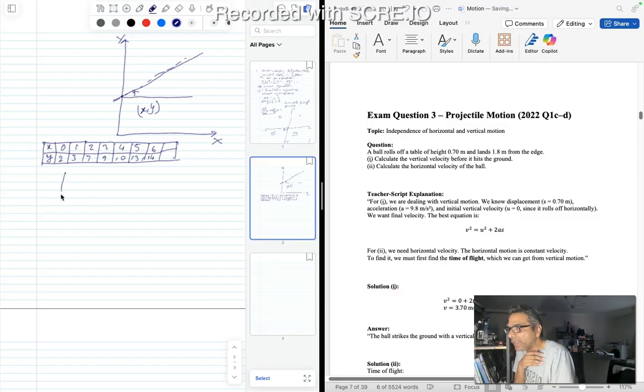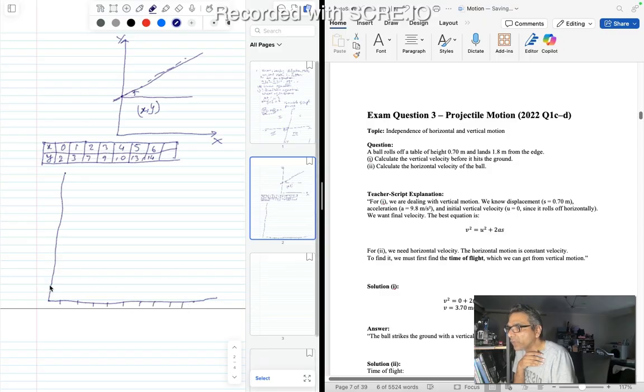So if I take it as this, and we have, say, 1, 2, 3, 4, 5, 6, 7, 8, 9, right?